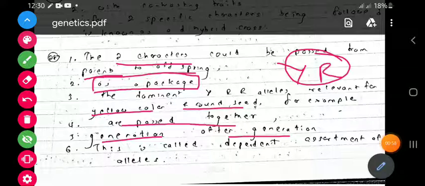Now to really understand this properly, once again I'll show you an example. Let's take our famous example again. Capital Y, capital Y, capital R, capital R. What's this plant?